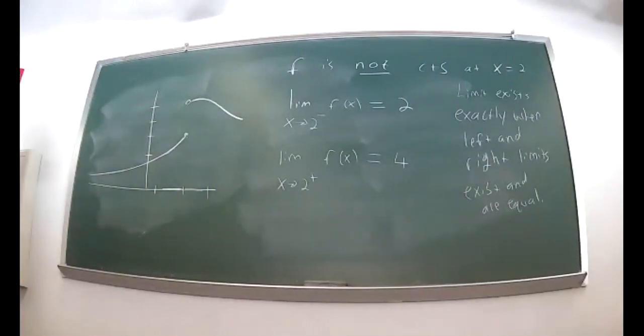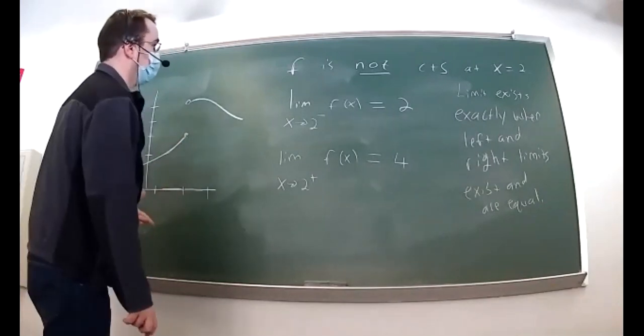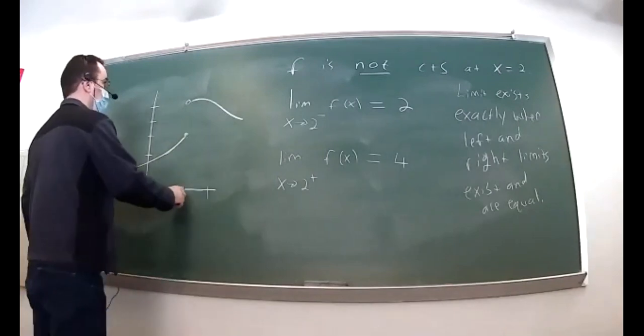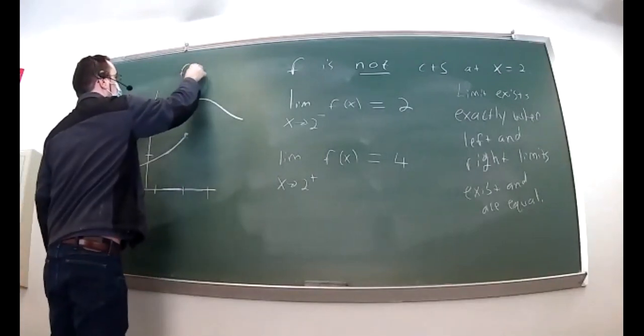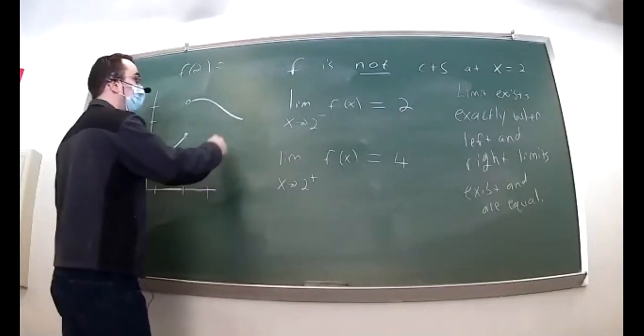But what about continuity? So definitely this function is not continuous at x equals 2, but there is something we can say about it, because remember that f of 2 has a value, it's equal to 2.